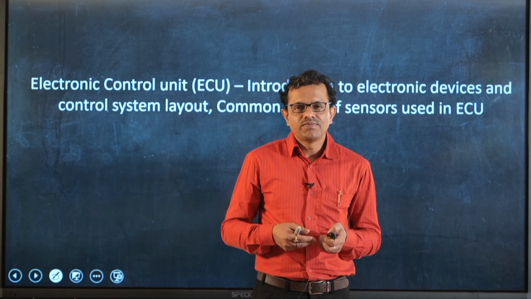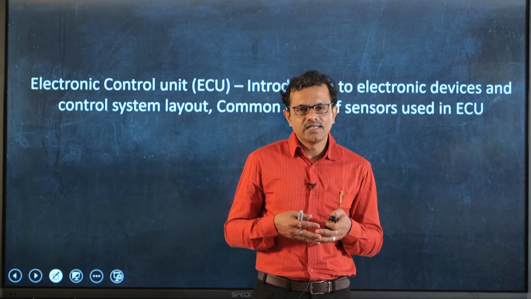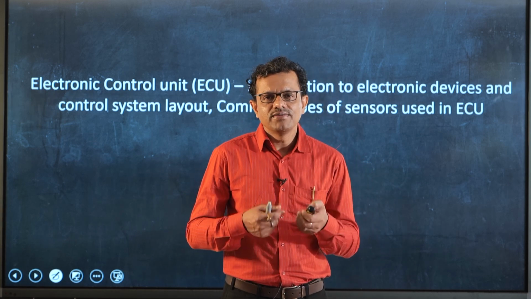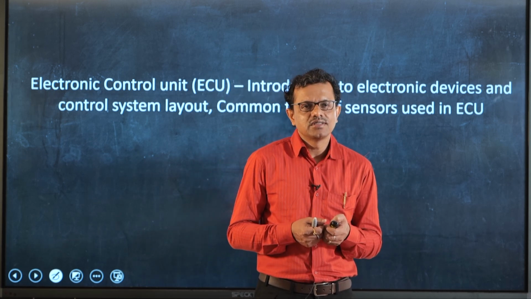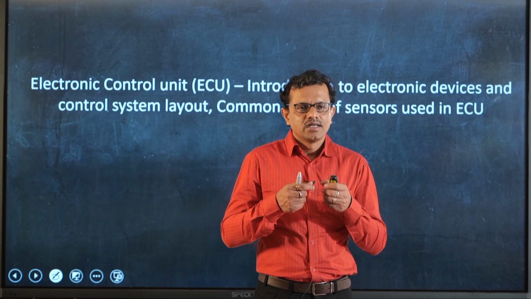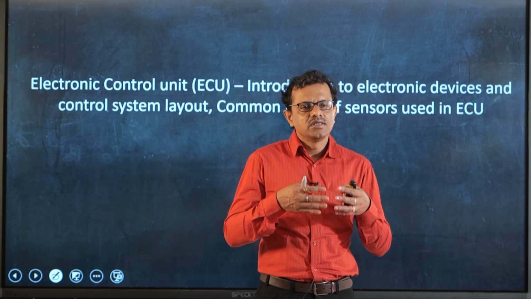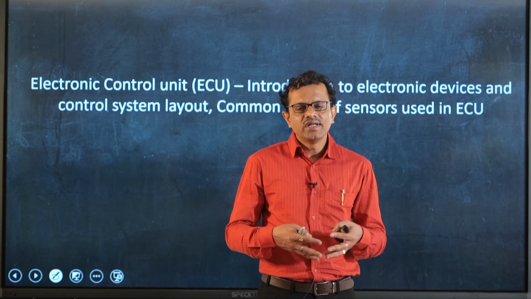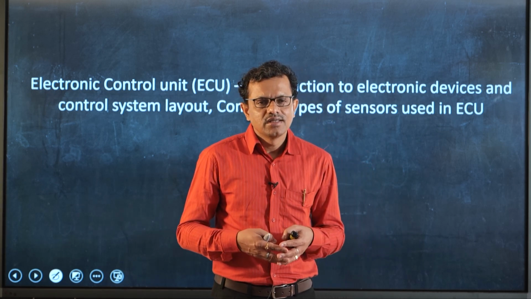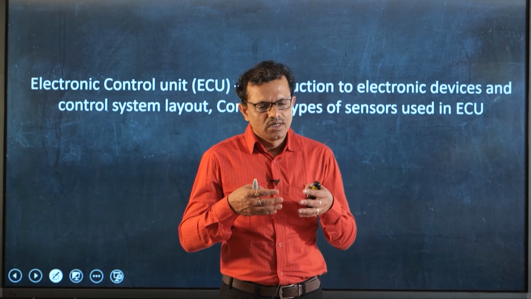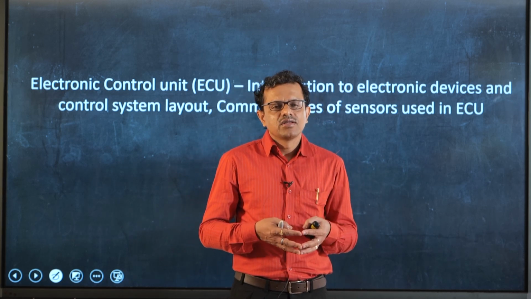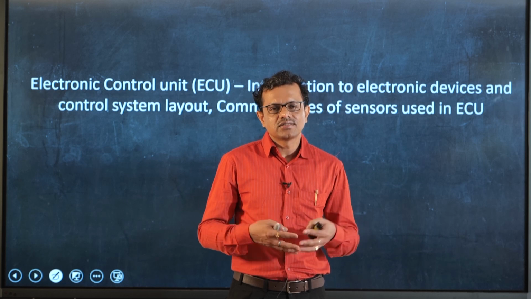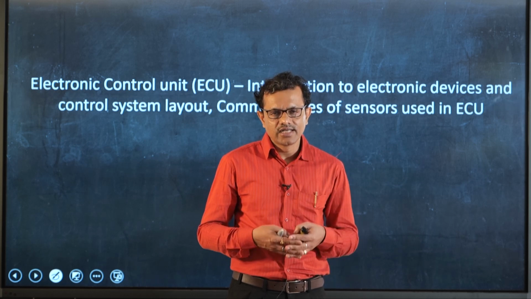What we learned from our previous classes is that the electronic control unit, also known as the engine management system, is very important for the modern engine, because this system is responsible for the safety and smooth operation of the engine, to meet the emission guidelines, and to allow the engine to always be operated at its design condition.